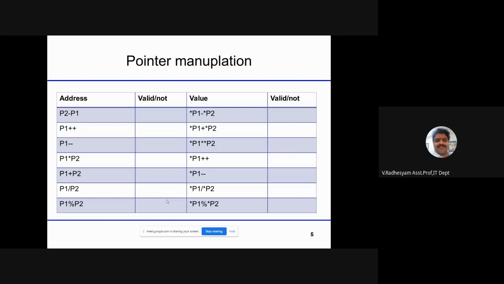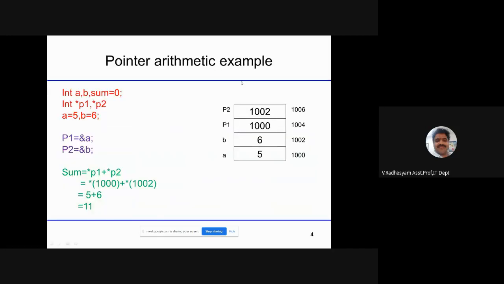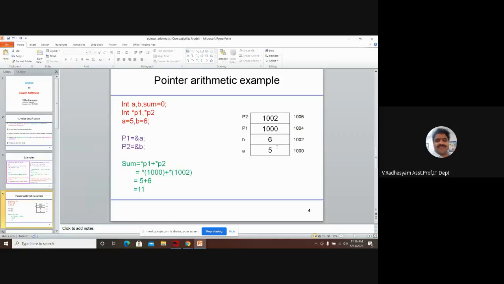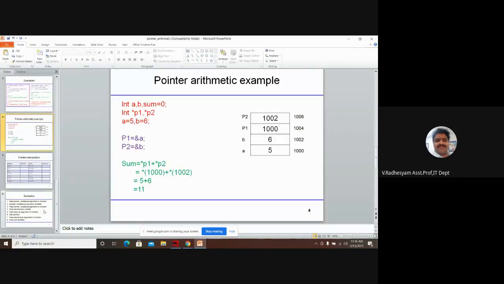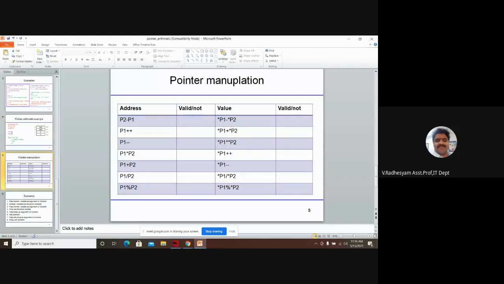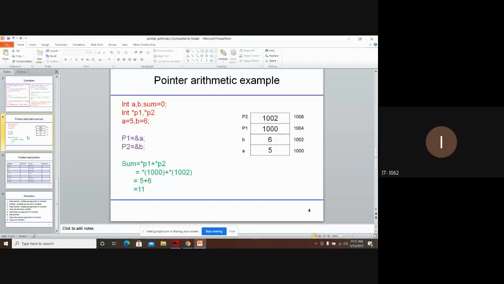Now, remember these values. Let us try to compute these things. What about star of P1 minus star of P2? What is the answer? -1.